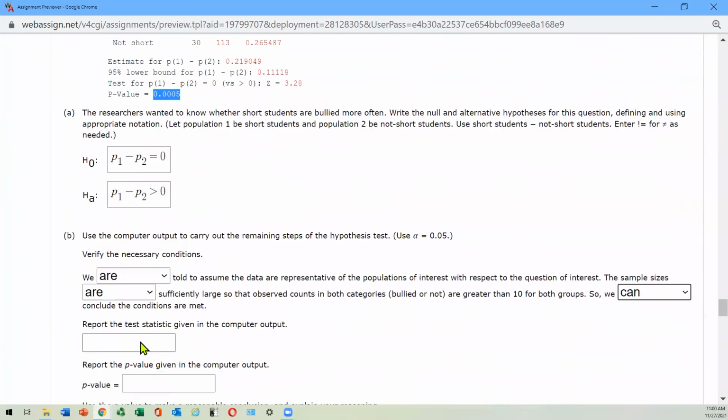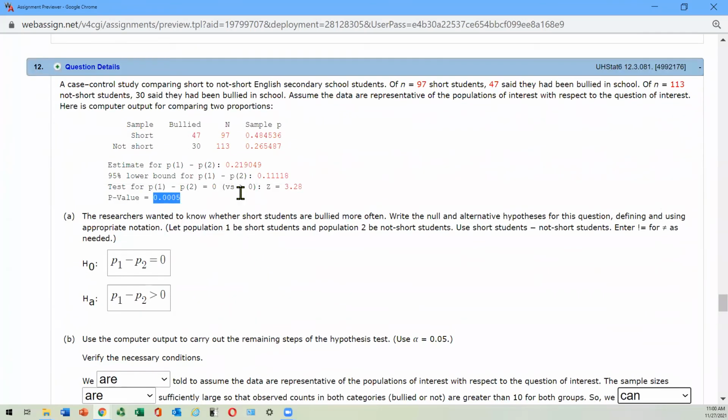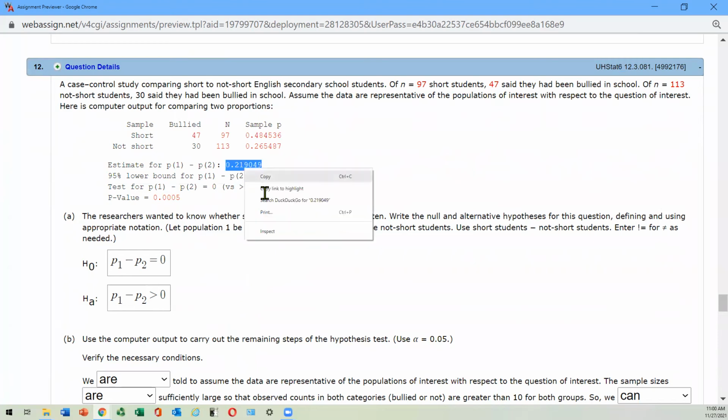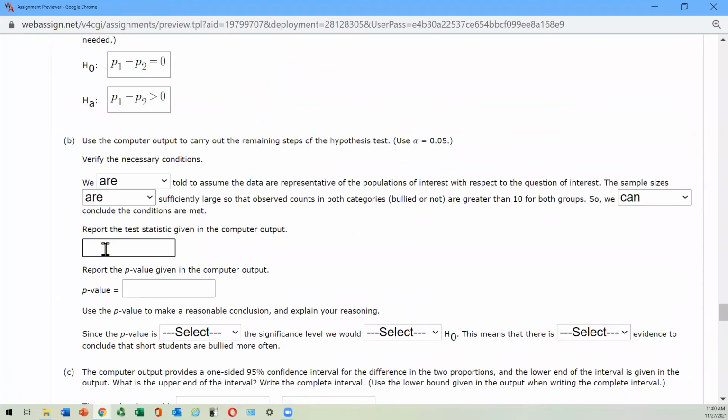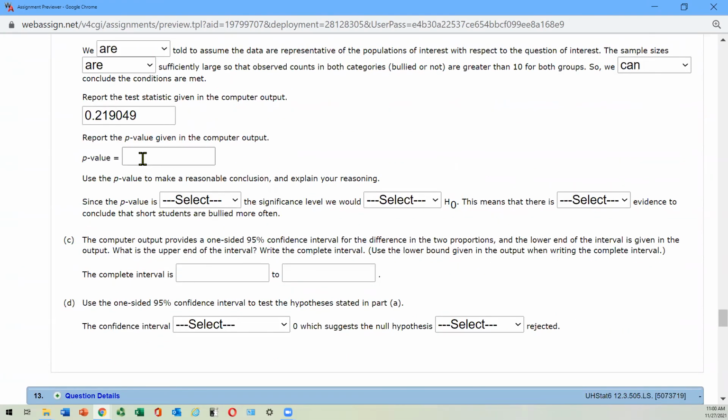Let's do the test statistic, which is essentially P1 take away P2, so it's that number. So really, it's a bit like SALT was done for us, and we just read off the information. The p-value is this value.